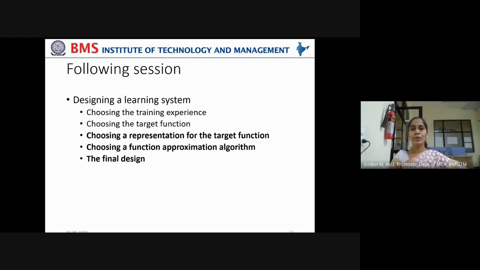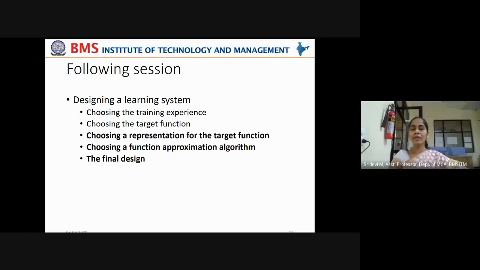Now today we have covered how to choose the training experience by taking the direct feedback and indirect feedback, what type of control a learner has on the problem, and also what type of distribution he is trained on, whether the same distribution is followed for the training as well as testing.